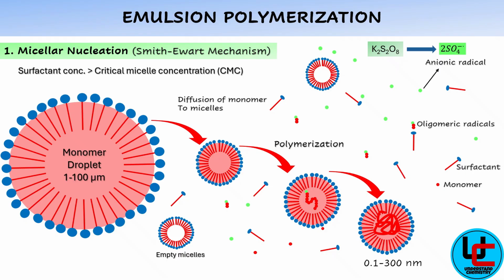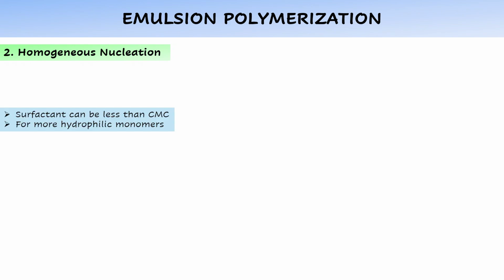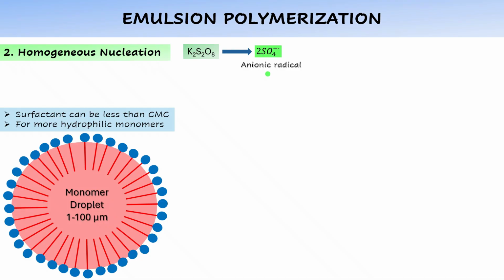Now let's turn to the second major nucleation mechanism, homogeneous nucleation. This is the dominant pathway when our surfactant concentration is below the critical micelle concentration, meaning we have no micelles. Also, when we have more hydrophilic monomer. This process starts as always with our water-soluble initiator, potassium persulfate, decomposing to form anionic radicals in the aqueous phase.